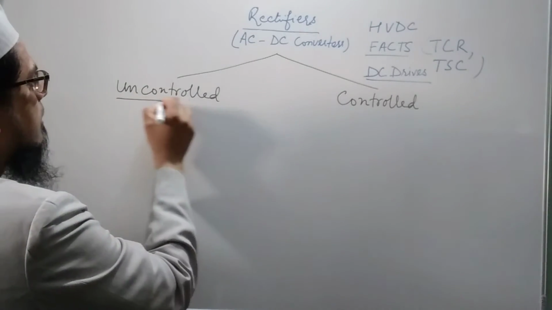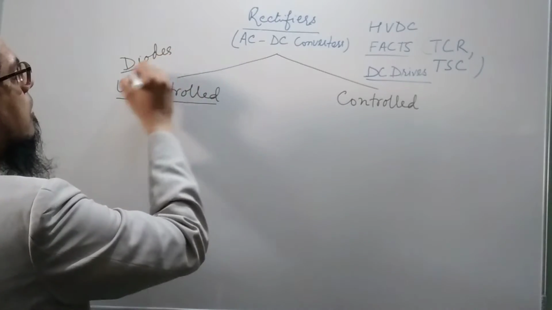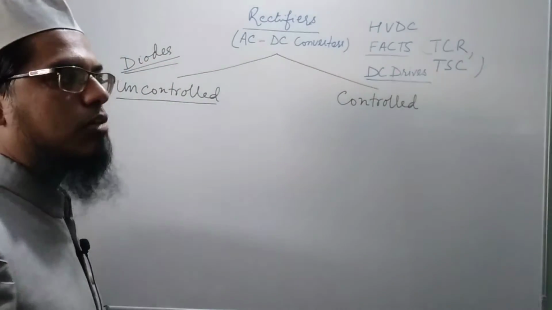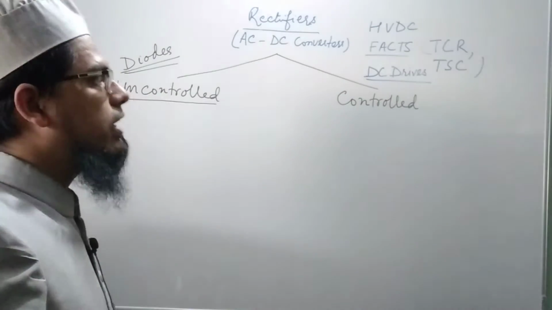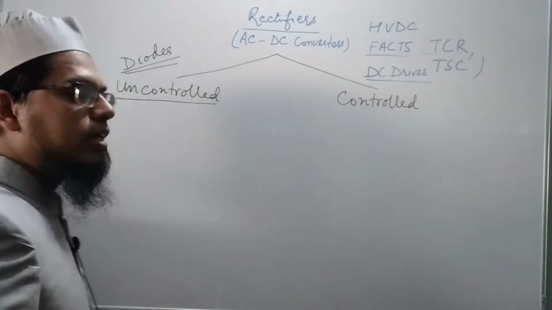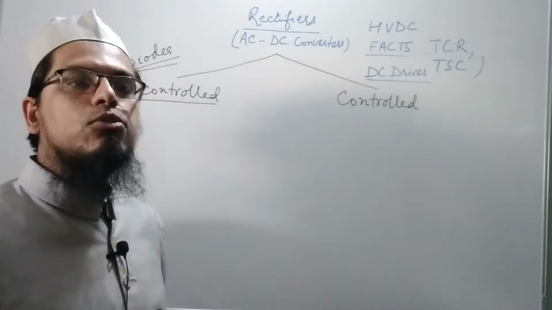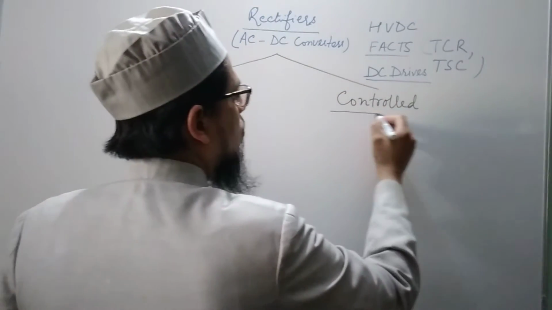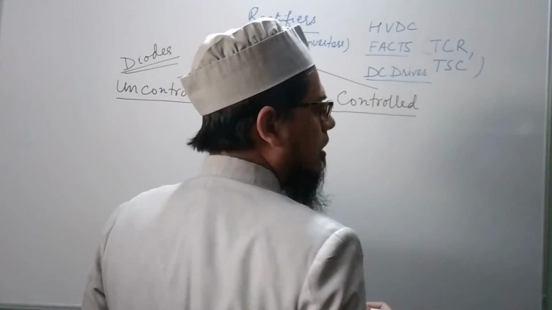Uncontrolled rectifiers normally employ diodes in the converter circuit, which converts an AC voltage into a DC voltage. But when we are using uncontrolled rectifiers, as the name suggests, we are not in a position to control the output voltage.